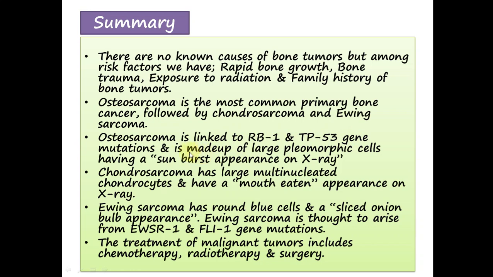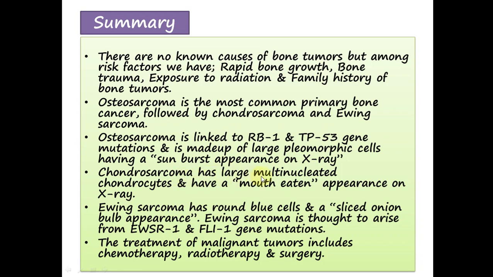The osteosarcoma is made up of large pleomorphic osteoblast cells, and radiologically they present with a sunburst appearance on X-ray, in which the tumor streaks out like the rays of a sun.